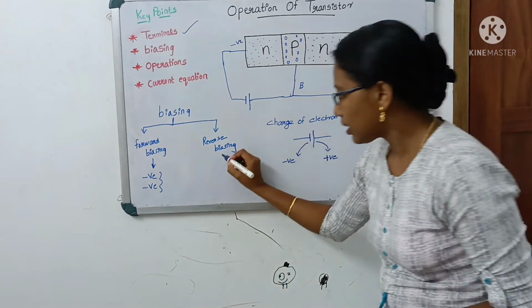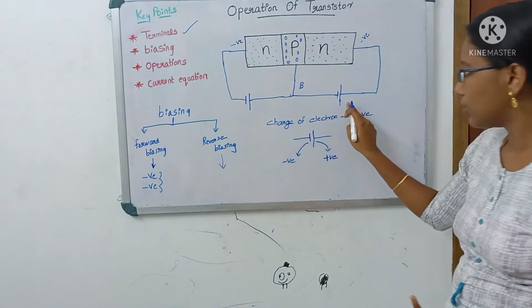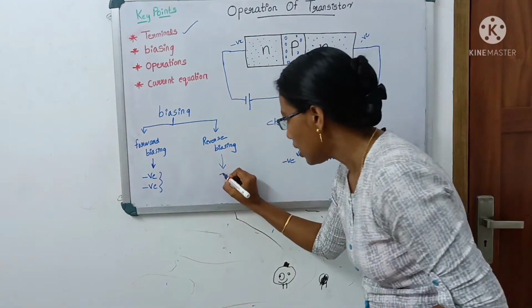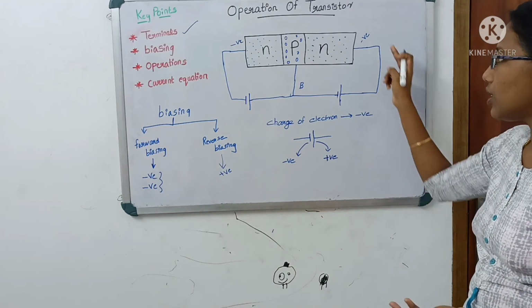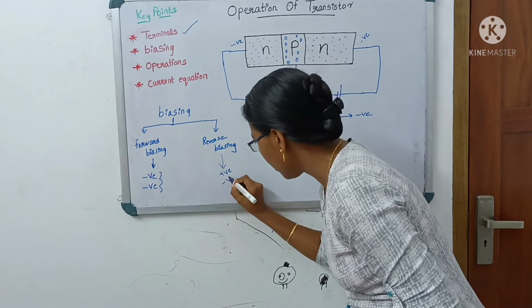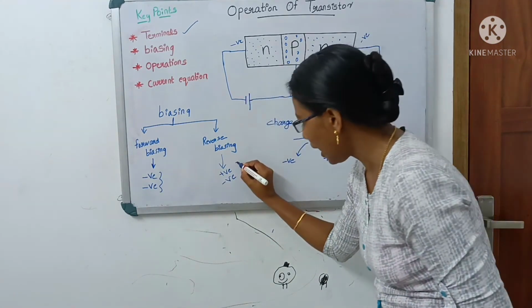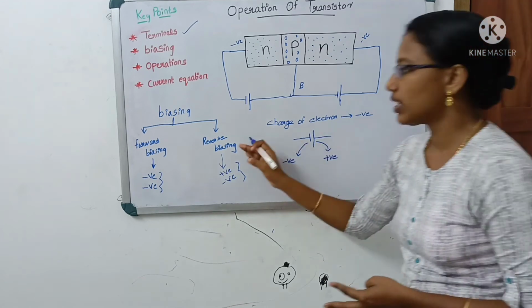So in reverse biasing, we draw the cell with positive connected here. The positive terminal of the cell is connected to the N region, that means the negative region. This type of connection we call reverse biasing.